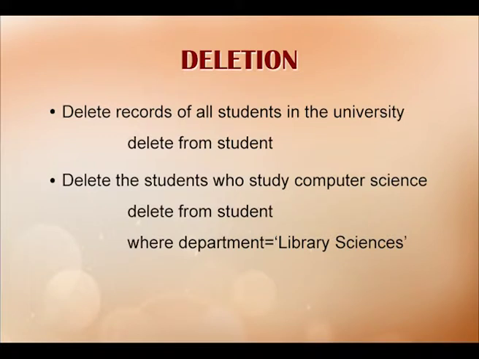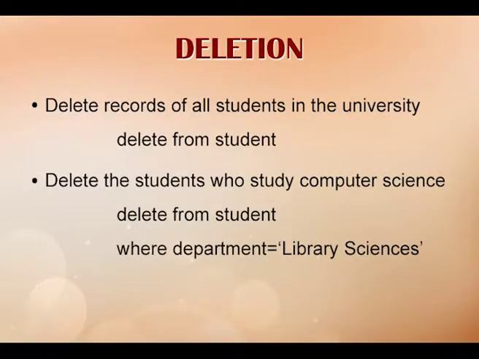Likewise, you have another command for deletion. Suppose you want to delete the records of all the students in the university, and the table name given is student. What you can give is delete from student. It clears all the records, all the values of that table. Then comes a particular case. Suppose only the library sciences department students need to be deleted.